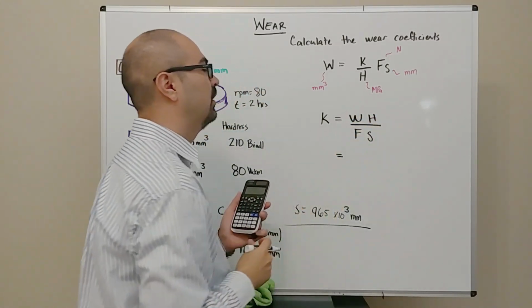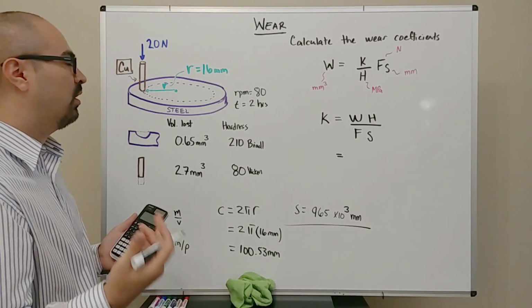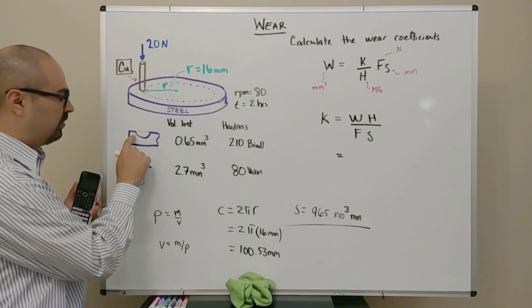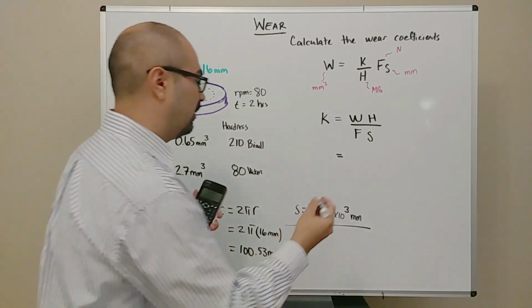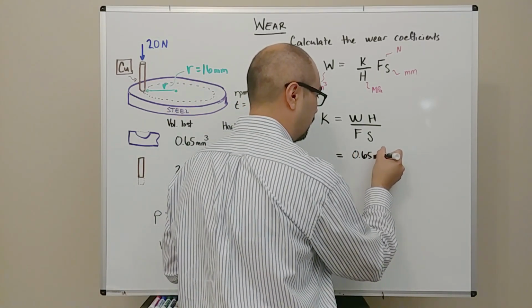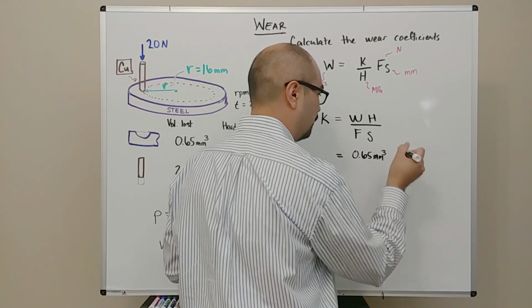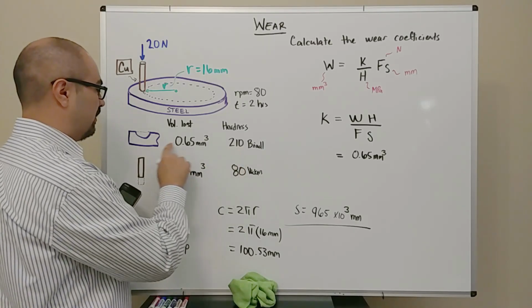Again, W is the total amount of material worn away. So if we calculate first the wear coefficient for the steel on copper, we're going to use this value over here, 0.65 millimeters cubed. Next, we'll put the hardness of the steel, right?